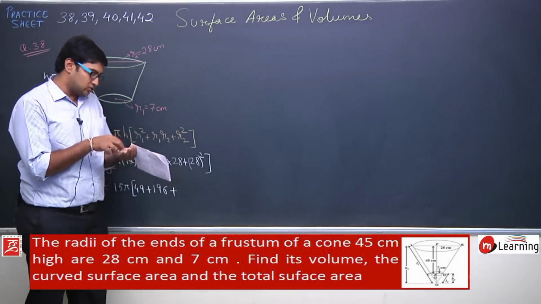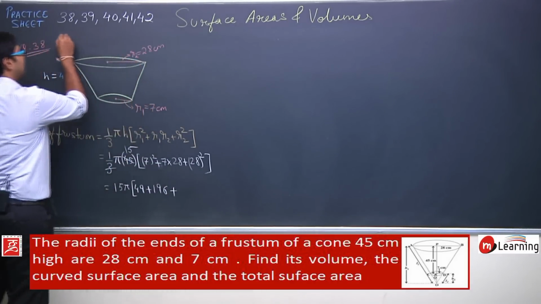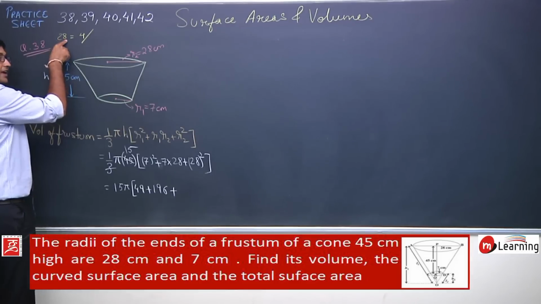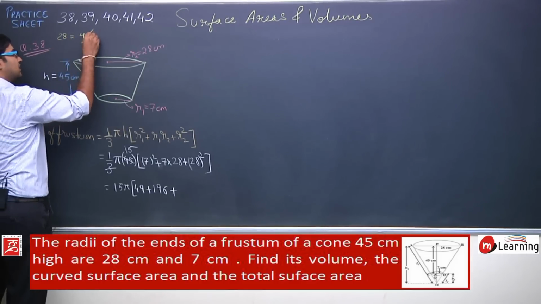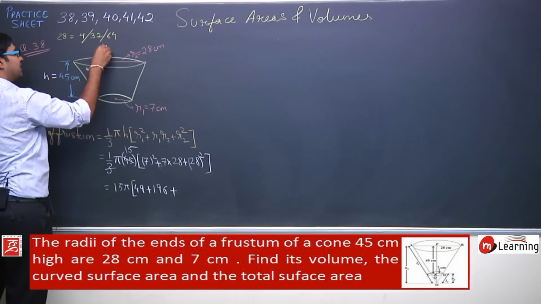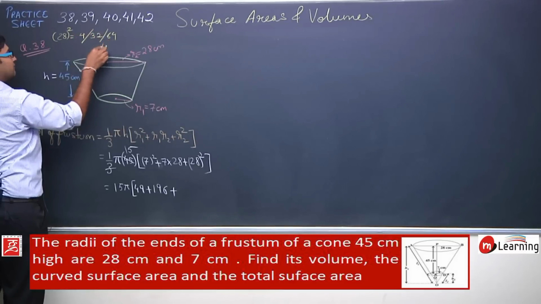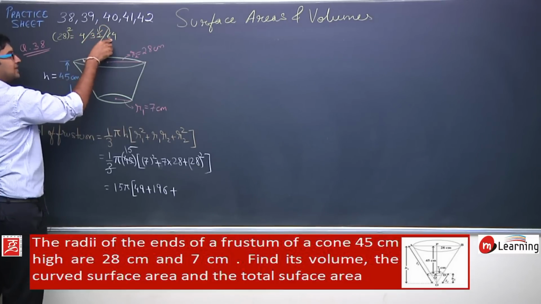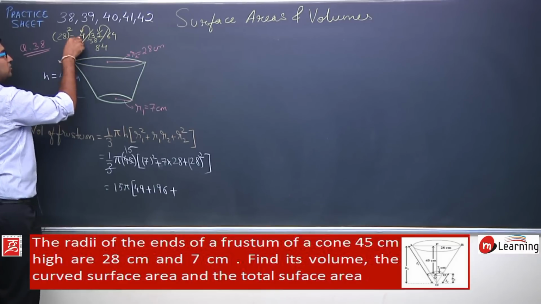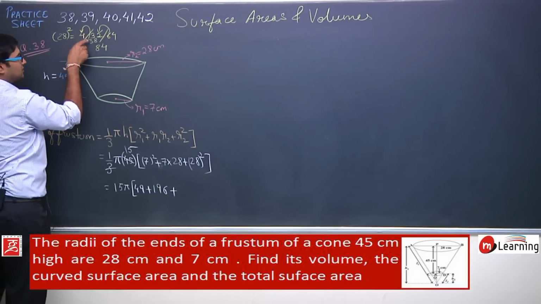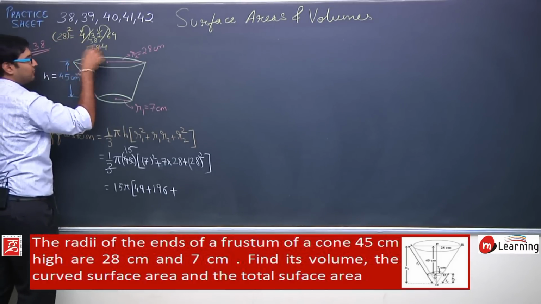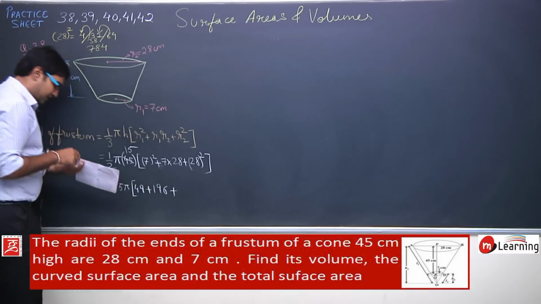How will you calculate the square of 28? See, the square of 28: 2 square is 4, crosswise 2 into 8 is 16 into 2, 16 twos are 32, then 8 into 8 is 64. So 4, the 6 will go here, 32 plus 6 will give you 38 and 8 will be here, and 1, this 3 will go to the 4 and give 7. So the square of 28 will be 784.